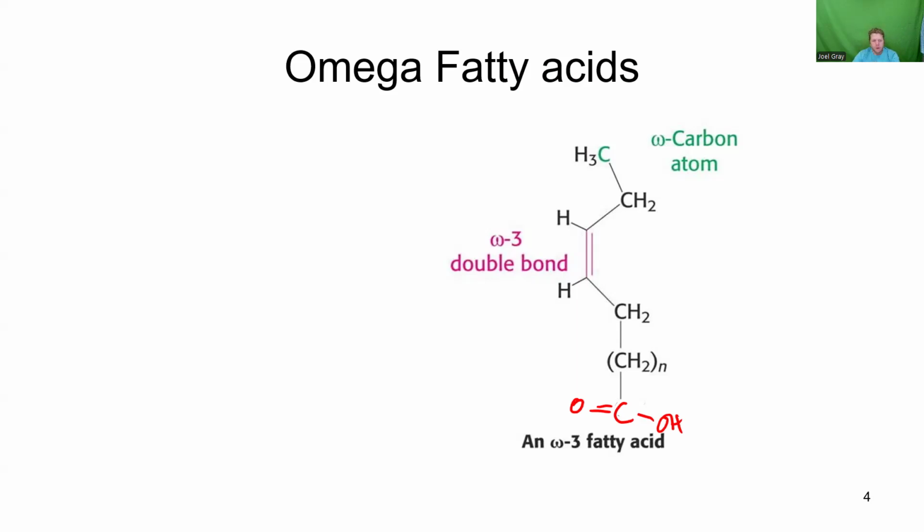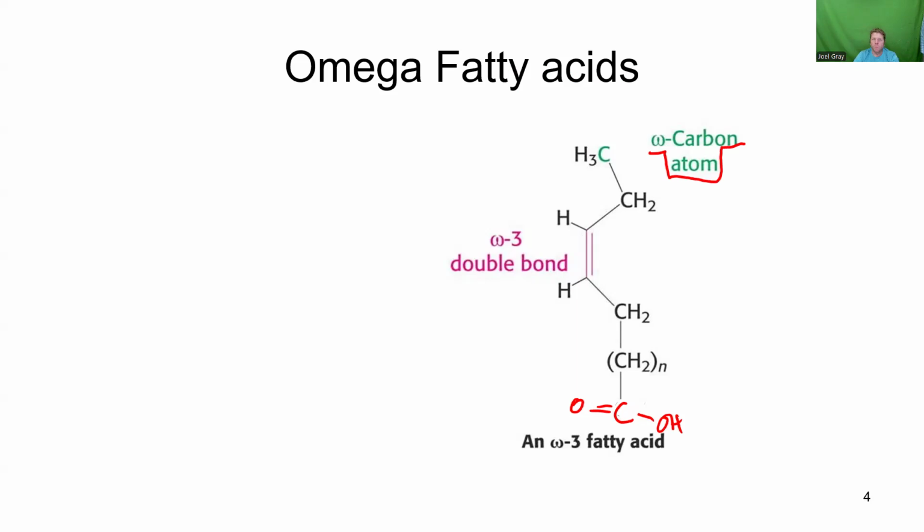If you think about the terminology from the Greek alphabet, Alpha and Omega, some folks by their religious traditions talk about Alpha and Omega being the beginning, Alpha, and the end, Omega. That terminology is important for omega fatty acids because our omega carbon is valuable for numbering off our omega fatty acids.